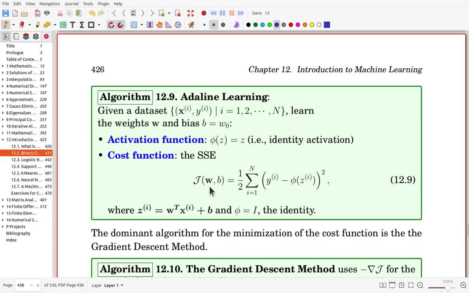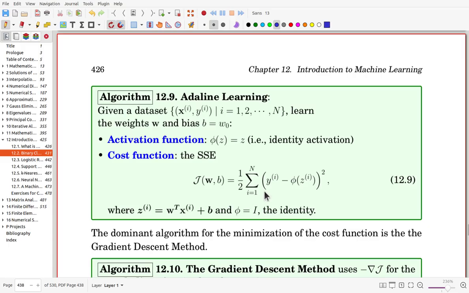And the Adaline learning is formulated in this algorithm. Now, for a given data set, we have to find the weight W and the bias W0, or b. The activation function is the identity function, but we are using the notation phi here. And the objective function, or the cost function, is the sum of squared errors. There's half the summation over the points of yi minus zi, where zi is the net input.